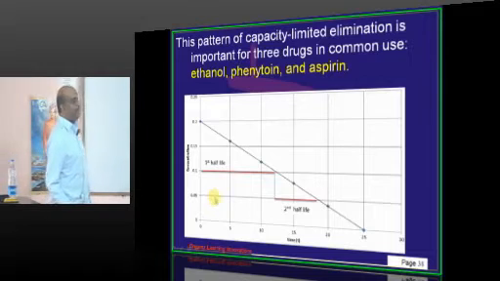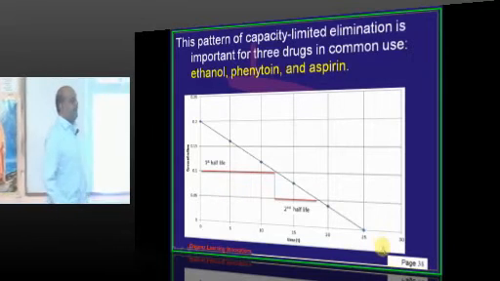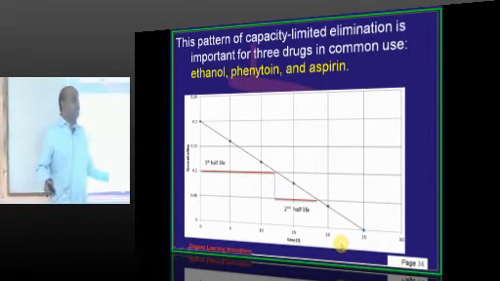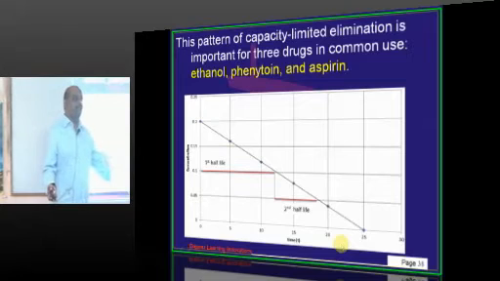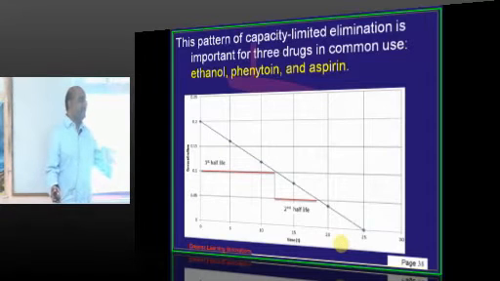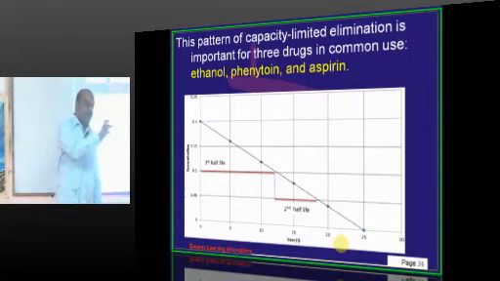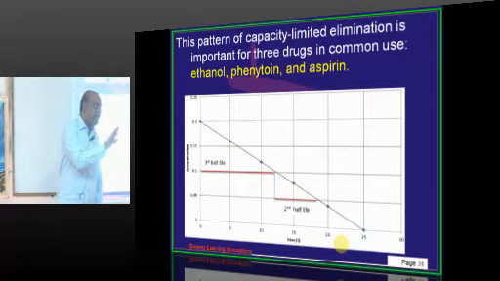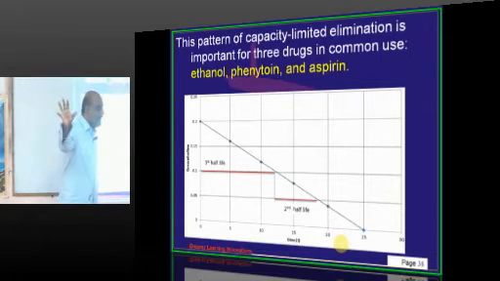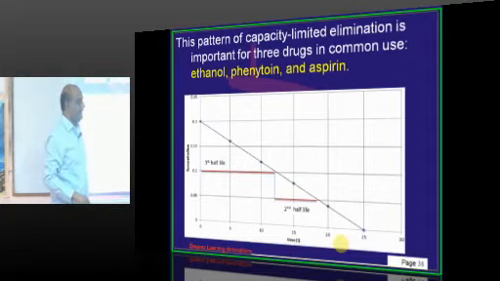And how is the half-life in this? Half-life will be more when you don't want it to be more, when the concentration of the drug is high. When the concentration of the drug is high, you want half-life to be shorter for elimination. But in zero order kinetics, since all enzymes are saturated, elimination becomes slow and half-life becomes long.